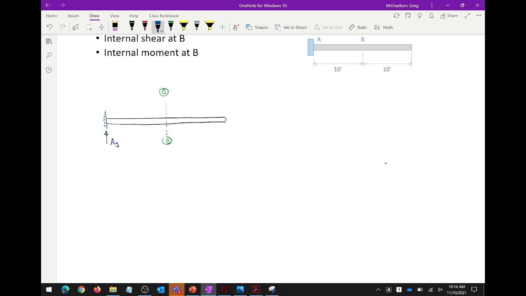This is AY. Now, for our moment, this is an interesting thing about moment. One of the things that is conventional with moment reaction influence lines is that you indicate your positive sign convention. When you see the homework assignment, you'll see that I've told you to assume counterclockwise moments are positive, but you'll see what I mean here in a little bit.